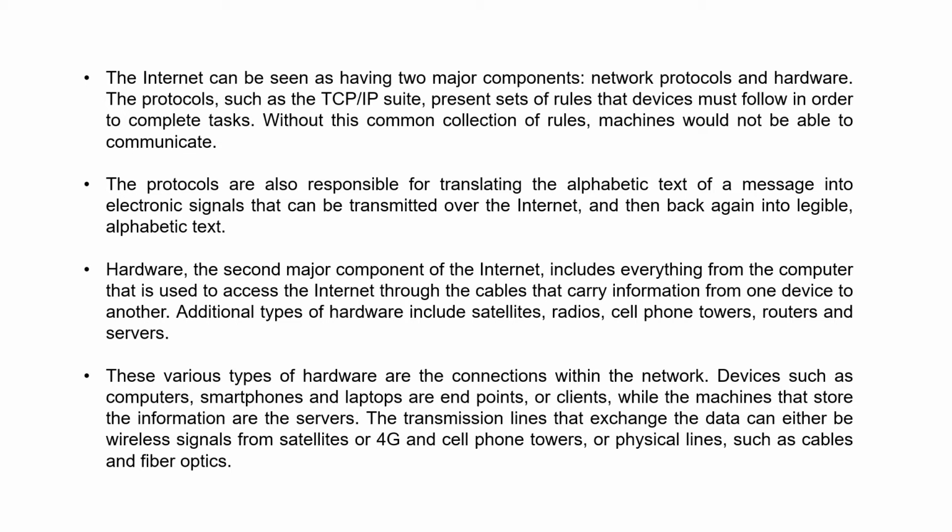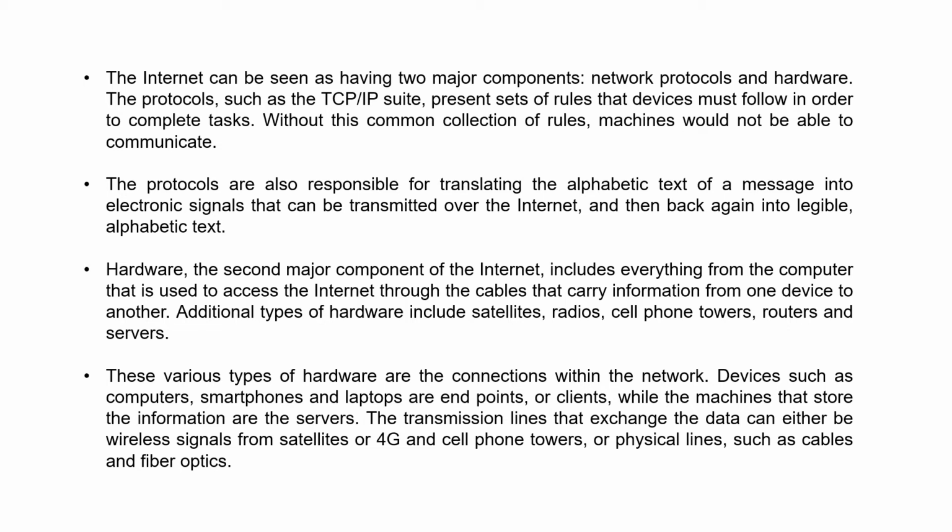Coming to the hardware, which is the second major component, that includes everything from the computer that is used to access the internet. First, the important thing is the cables that carry information from one device to another. Additional types of hardware include satellites, radios, the cell phone towers, routers, and servers. These types of hardware form the connection part of the network.